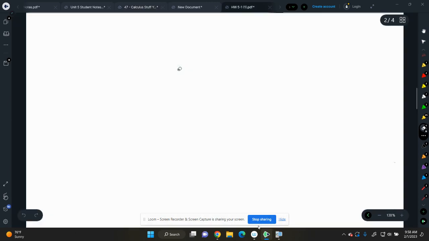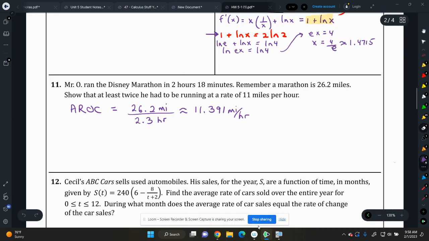It says 2 points, right? Here's my hours, here's my miles. Usually we start off pretty fast, and then we start to slow down.